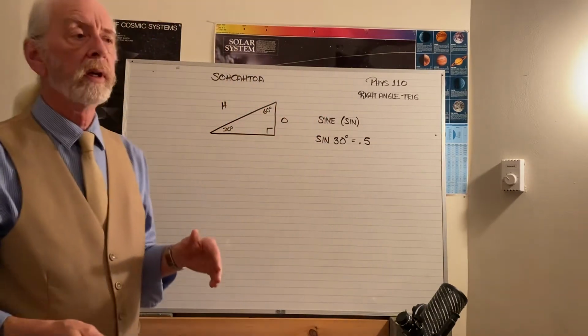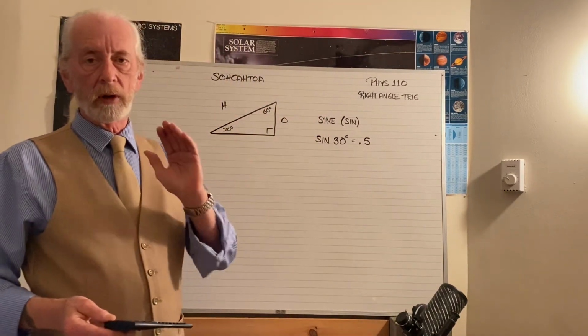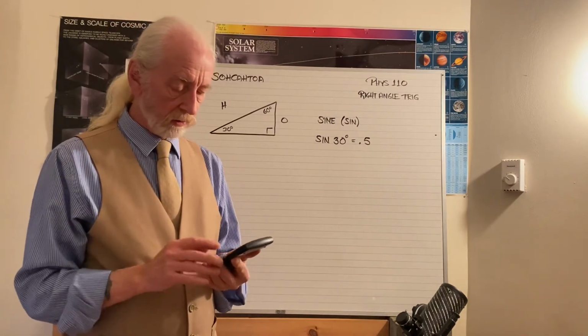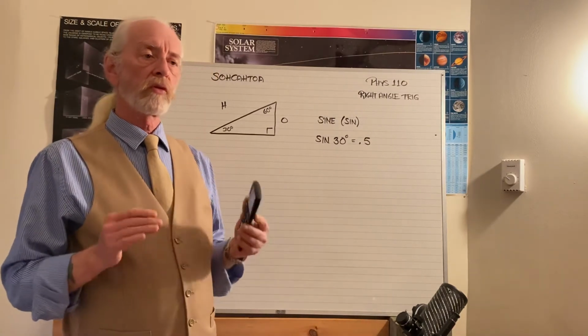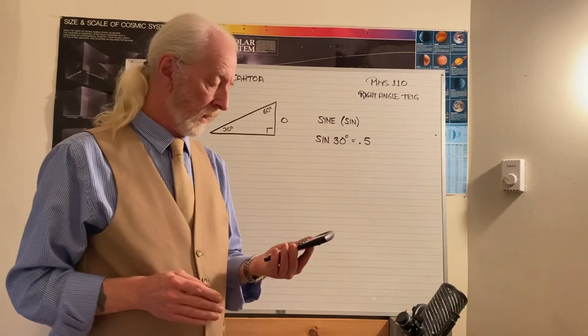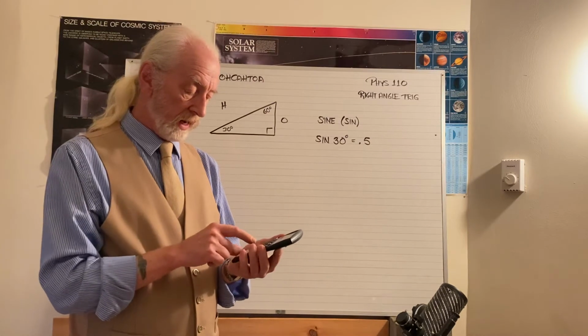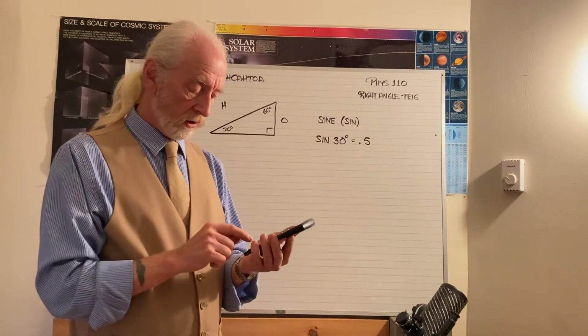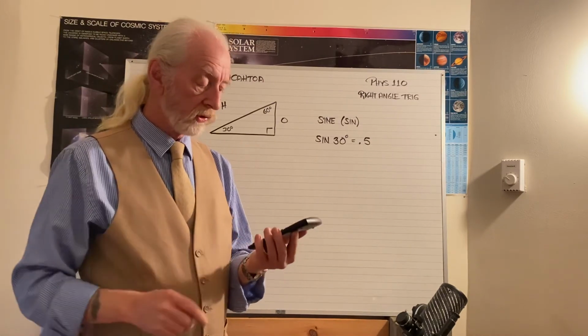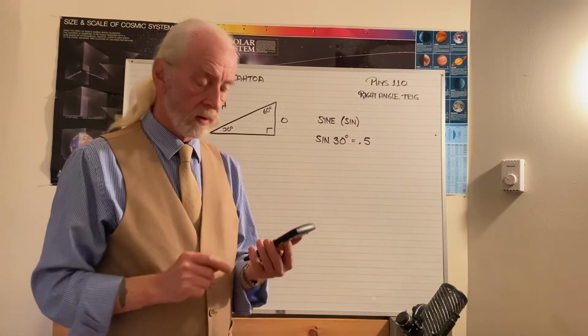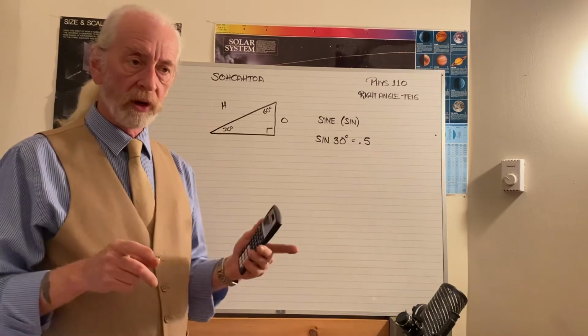Now, at this point, this is where we're going to make sure that everybody's calculators are in sync. So I want you to grab your calculator, and you're going to do this one of two ways. One way is to hit SIN 30 equals, and you should get 0.5.